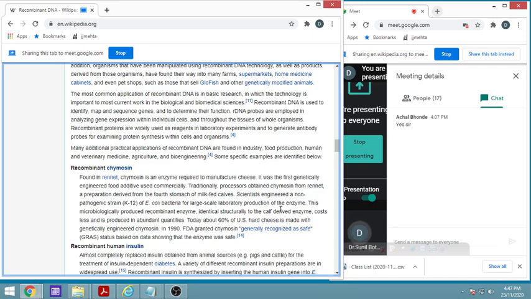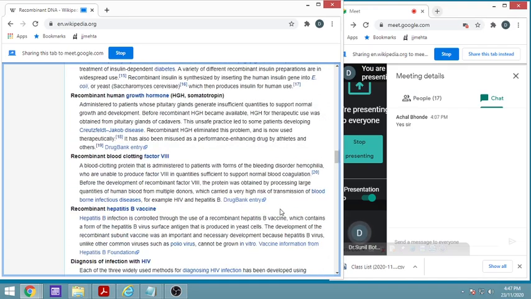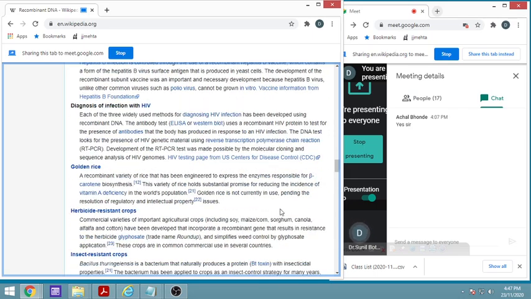Examples are recombinant chymosin, recombinant human insulin, recombinant growth hormone, recombinant clotting factors, recombinant virus, hepatitis viruses, diagnostic kits for infection with HIV, and then golden rice.